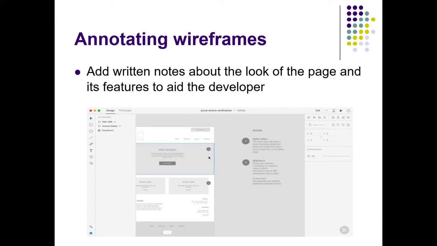For example, you can add notes for the developer, your team, or yourself later on, about what kind of fonts you might want to use, what font colors, whether it's going to be bold or italic, the width of container elements, the page, the images, etc. Background colors, all that kind of thing you can write notes on, and it aids the development process later on. So expect basic notes from you in the assignment you submit in a few weeks' time.